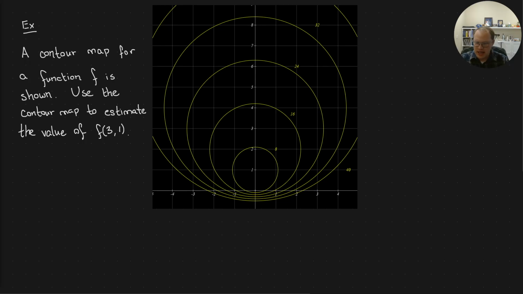Let's take a look at an example with a contour map. So here we have a function f, and graphed here is the contour map for the function f. We want to use the contour map to estimate the value of f(3,1). But first, let's make clear what's going on here. Notice that each contour is labeled.